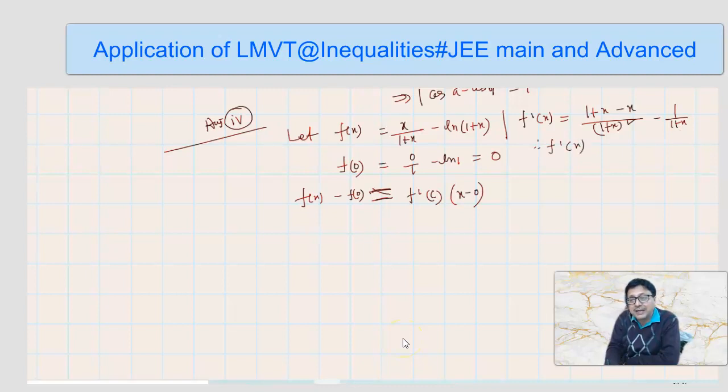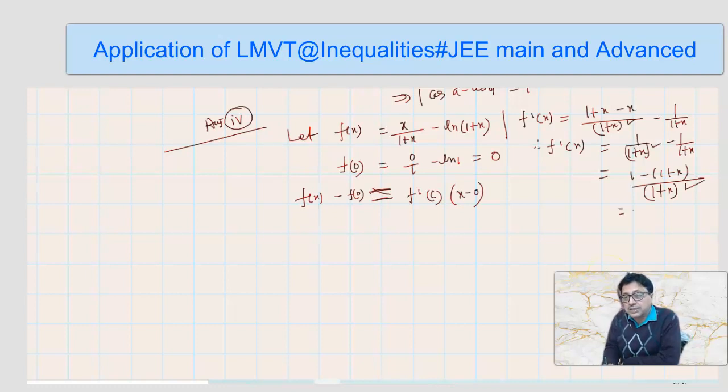So f dash x is equal to 1 by 1 plus x minus 1 by 1 plus x whole square, which is 1 plus x minus 1 by 1 plus x whole square. So this is minus x by x plus 1 whole square.